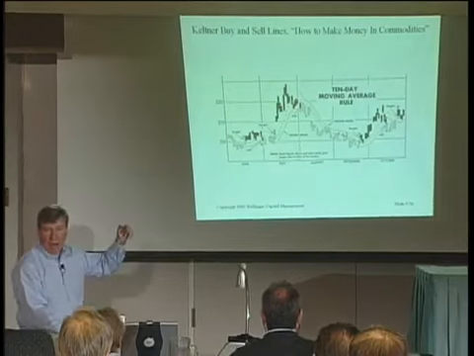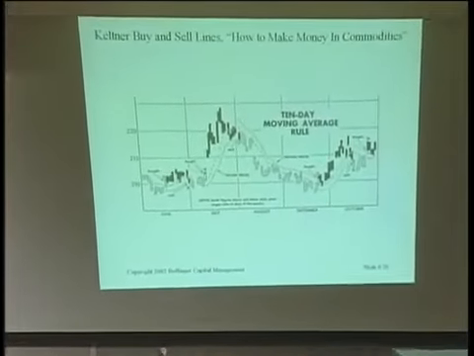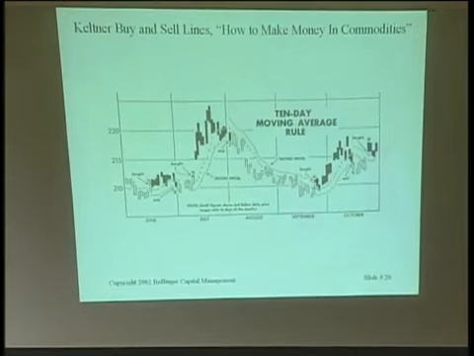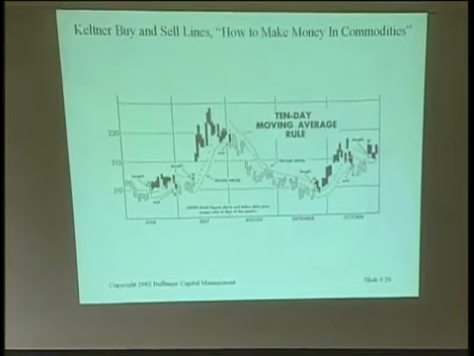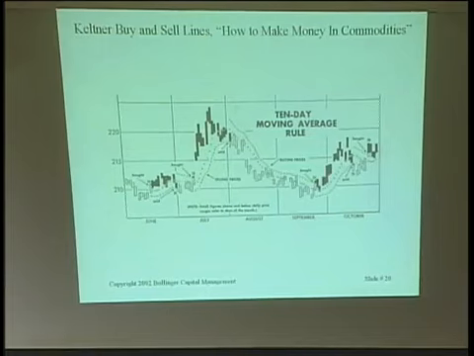So he measured the height of each bar, kept an average, and then reflected that line above it. And he buys when you break out above that line, and he sells when you break out below a similar line that's reflected downward.